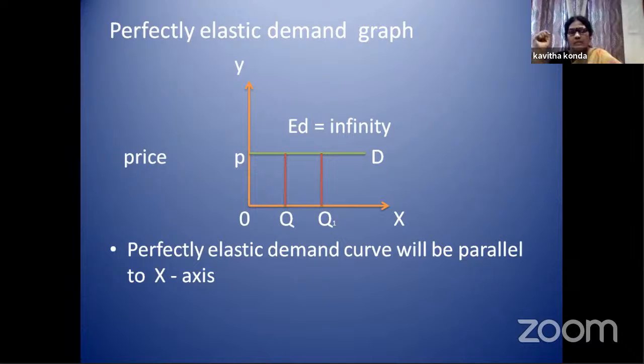In some cases, the quantity demanded increases without a change in price, when the population increases or other factors influence it, especially for basic goods. That's why the demand curve is parallel to the OX axis, which shows infinity.